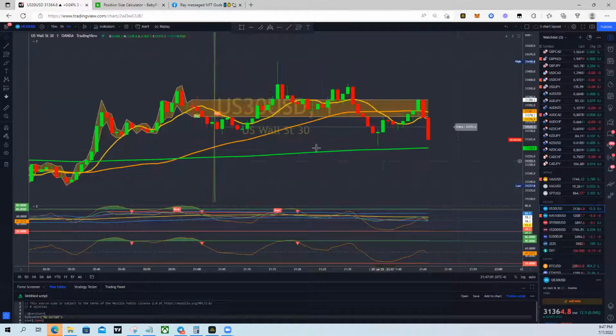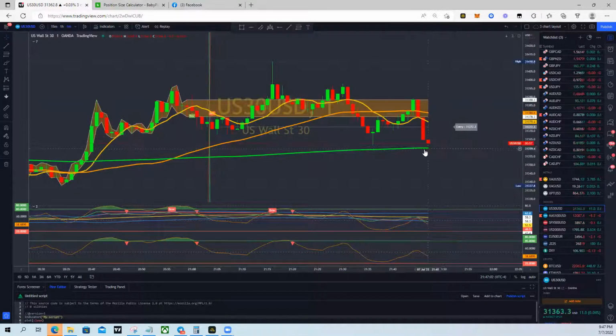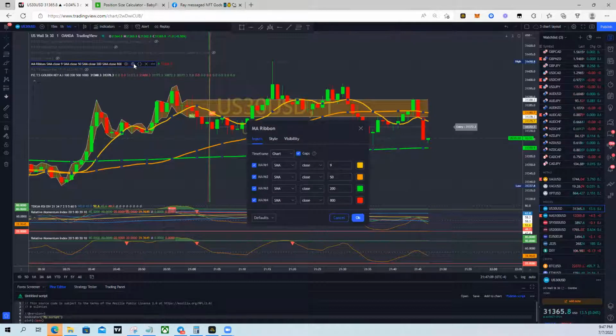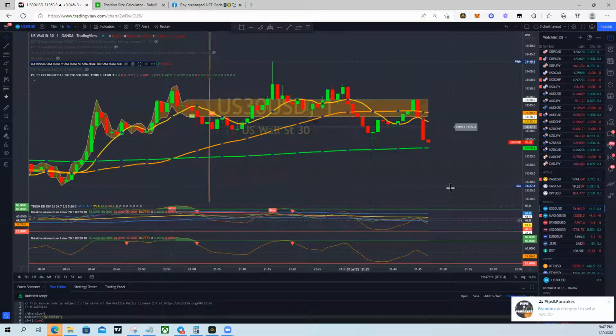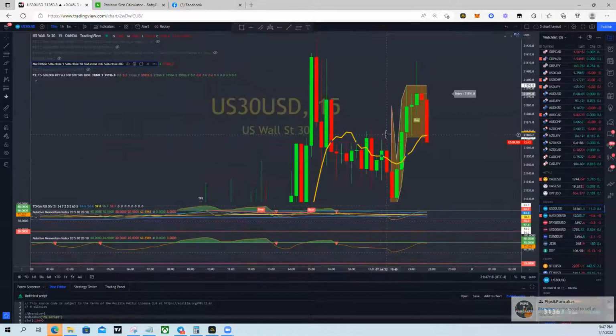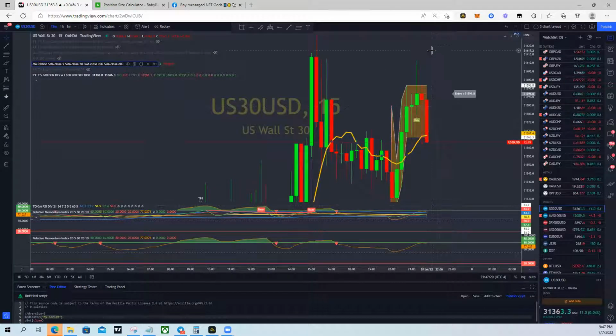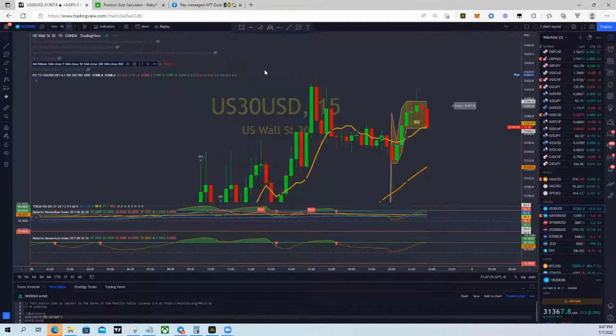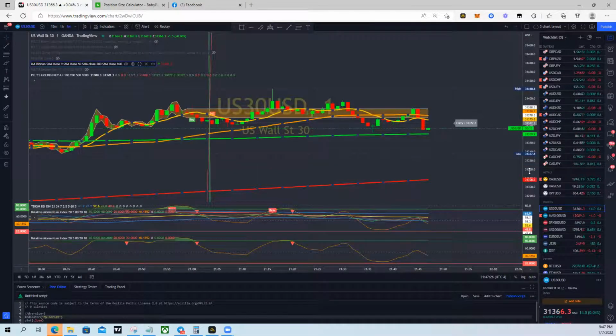US 30's breaking, see if we can get past that 200. Just bounced at the 200. If we can just bounce off this 200, this might be coming from the bottom of the zone. We'll keep an eye on that one.